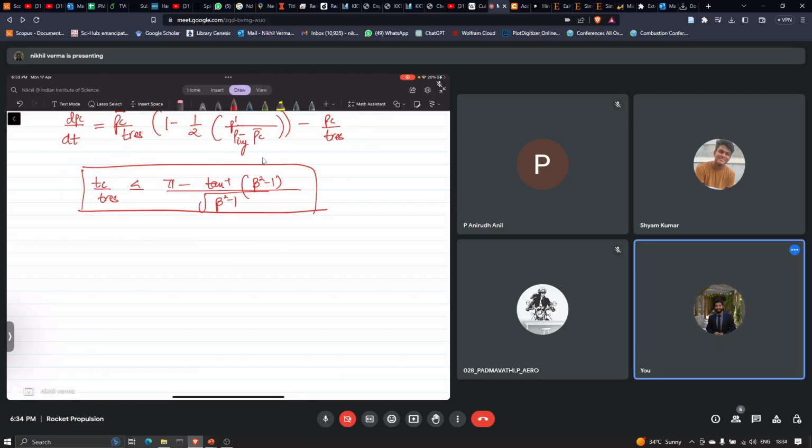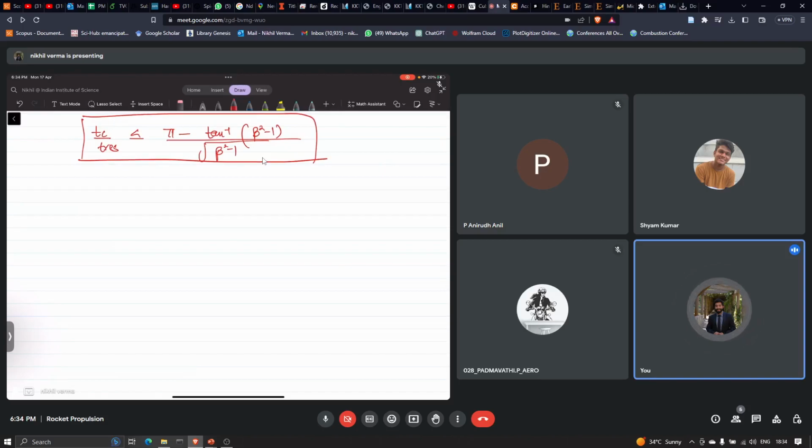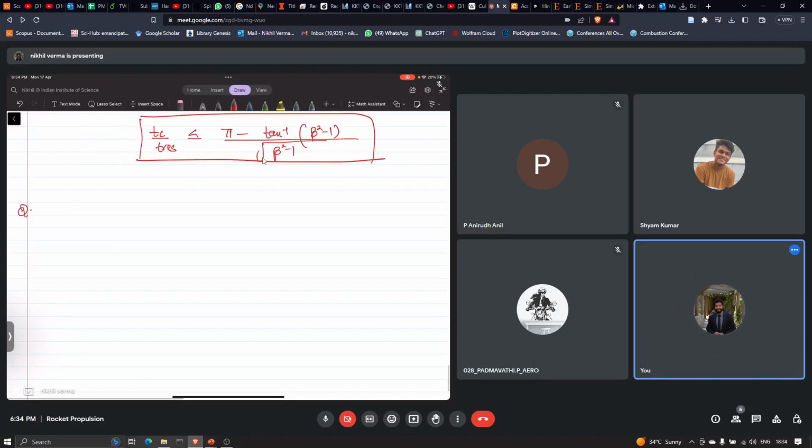We have to predict the bulk mode of instability in a liquid rocket engine. Let us pose a problem. We have a pressure fed liquid rocket engine, and the thrust chamber operates at a pressure, so Pc is given as 0.8 megapascals.